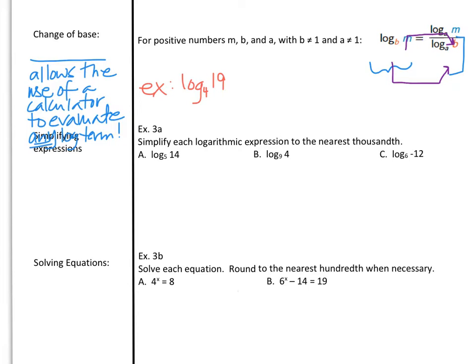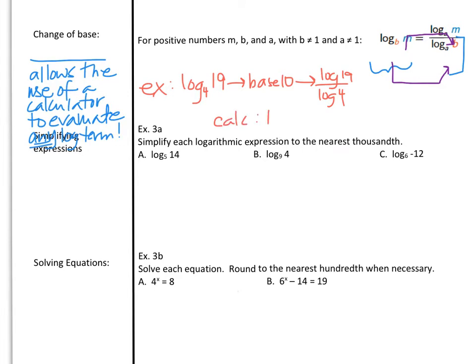But what we can do is apply the change of base property. If we convert to base 10, it'll look like this. Log base 10 of 19 divided by log base 10 of 4. Now, as you enter that into your calculator, make sure you're applying your parentheses.